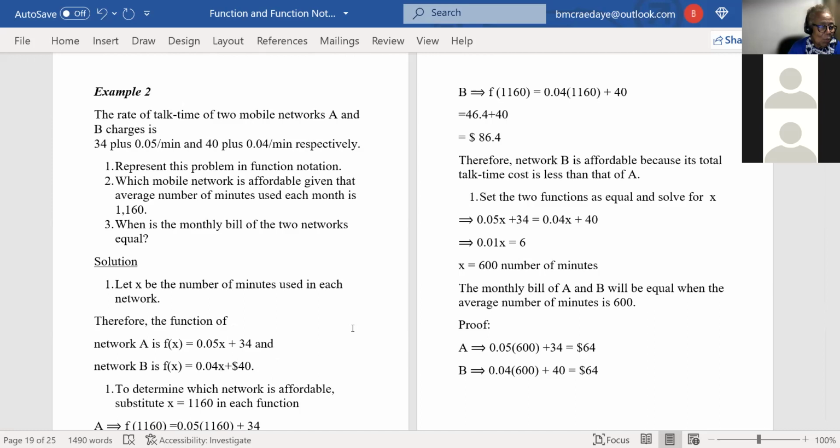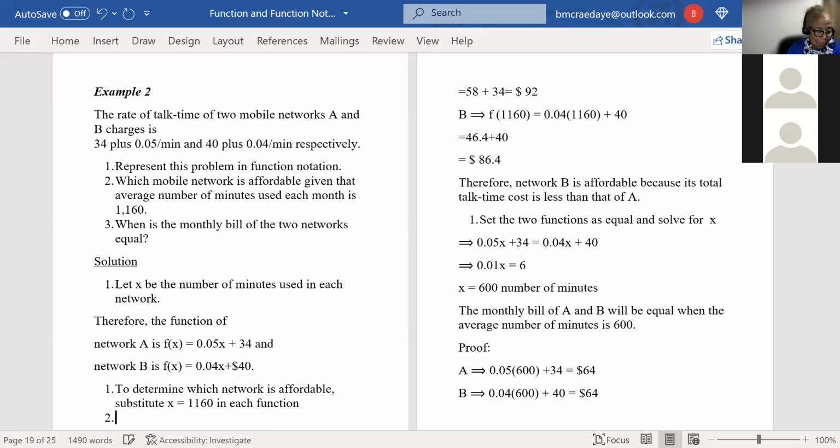Now we want to determine which network is more affordable. If X, the average number of minutes used, is 1160, how would we find what we pay for each network for 1160 minutes? What would we do, Latoya?